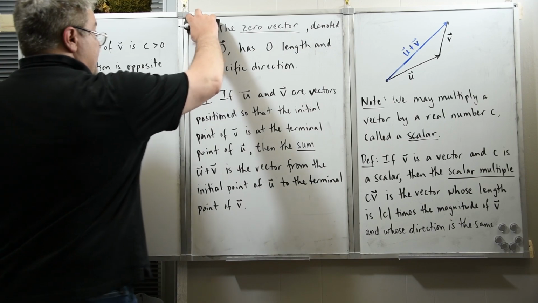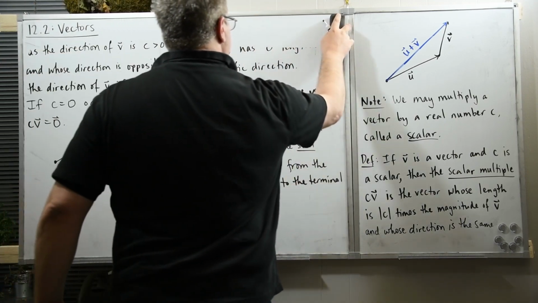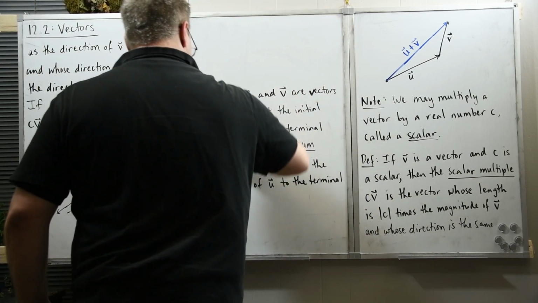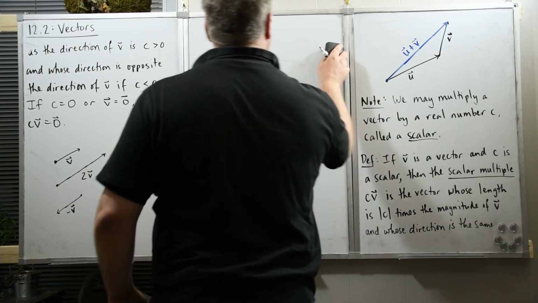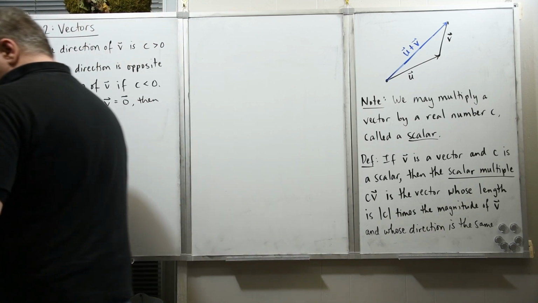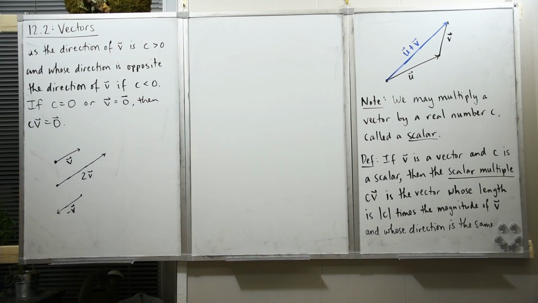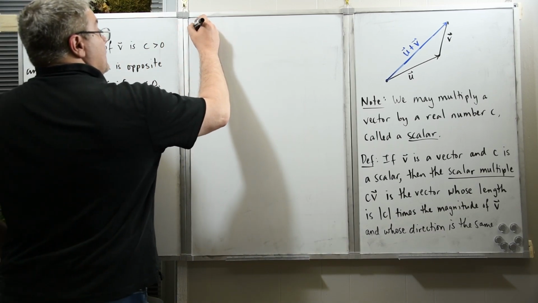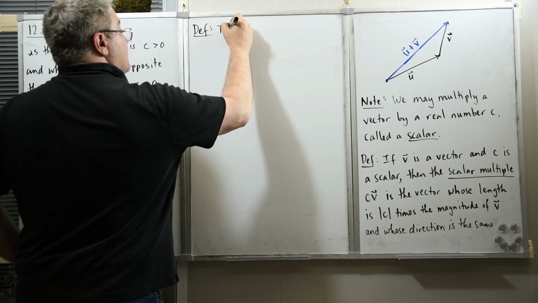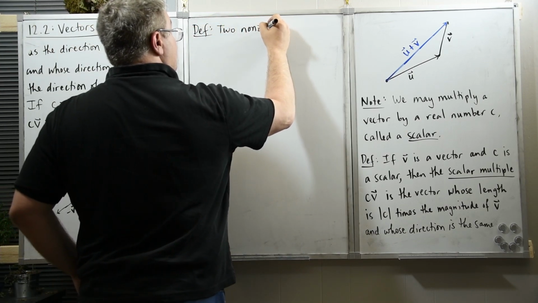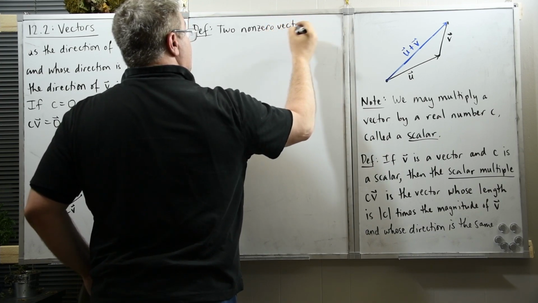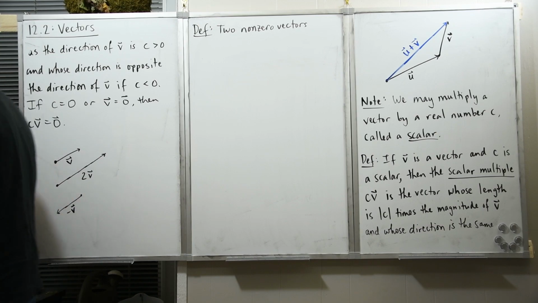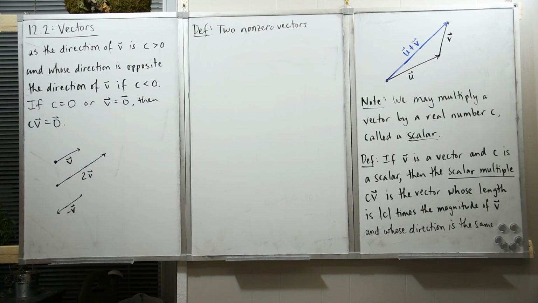All right, so we have a few more definitions. In this definition, we have 2 non-zero vectors.